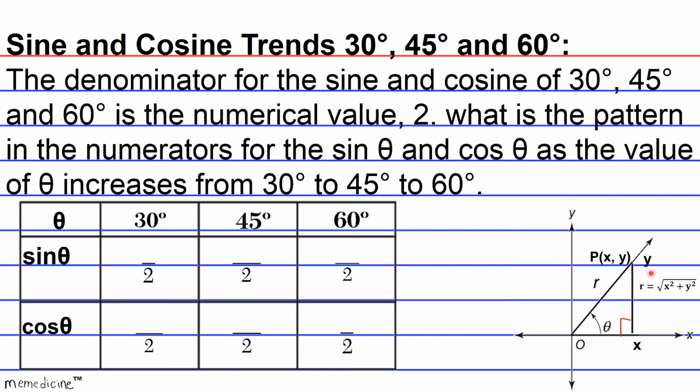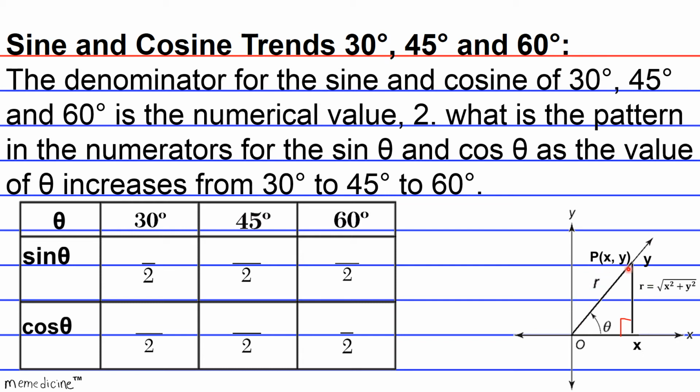The y-coordinate corresponds to the side opposite our angle theta, which is used to figure out the sine, okay? So it depends on the fractional ratios of x and y to r, how they compare to r, okay?